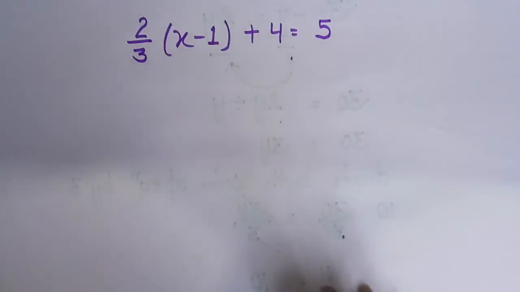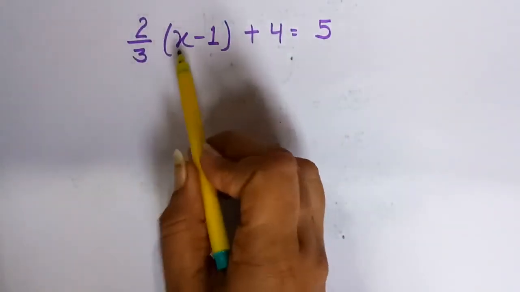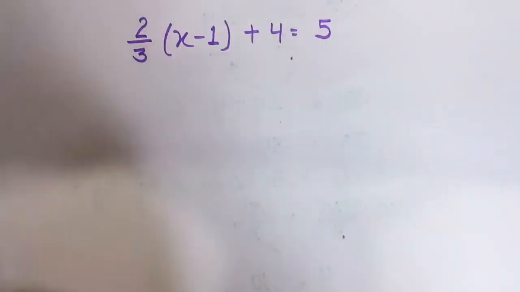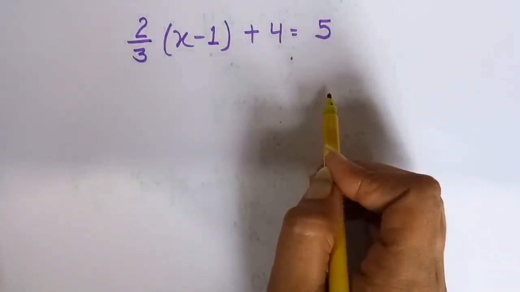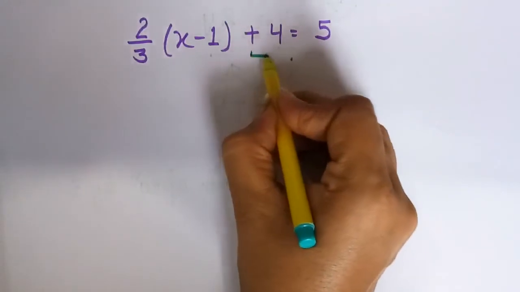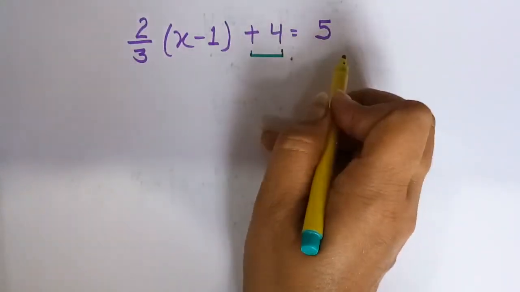Now let me teach you one multiple step type of linear equation in one variable. So here we are having 2 upon 3 times (x minus 1) plus 4 is equal to 5. In this type of equation, we shift the constant to one side. That means we have to shift plus 4 from left hand side to right hand side.